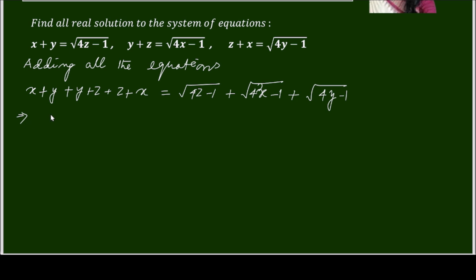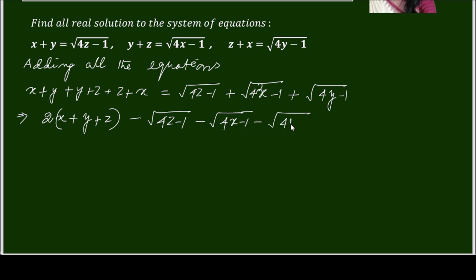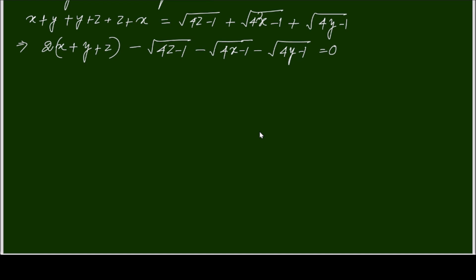Or this is the same as 2(x plus y plus z) minus square root of 4z minus 1 minus square root of 4x minus 1 minus square root of 4y minus 1 equals 0. I am not claiming this is the only method. You can proceed with any other method if you like. You can share it in the comment section.